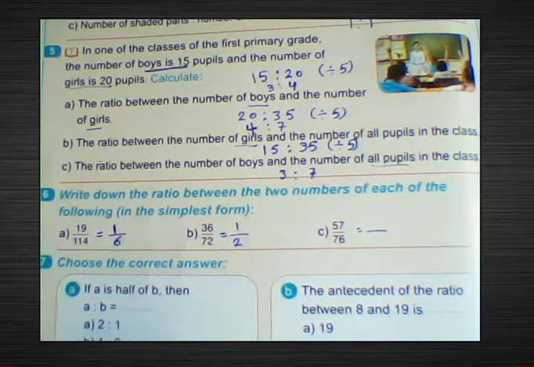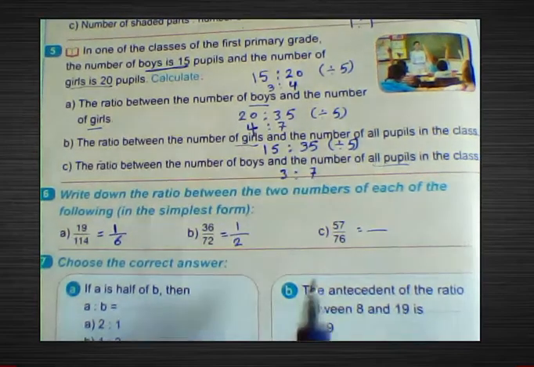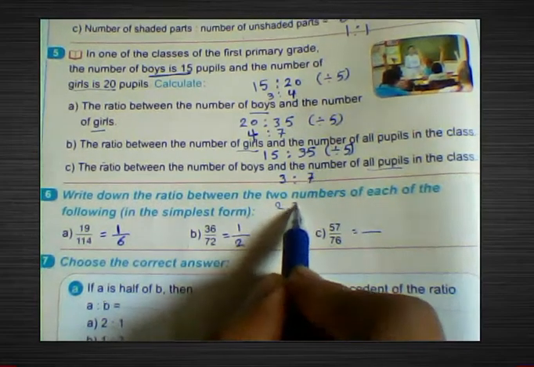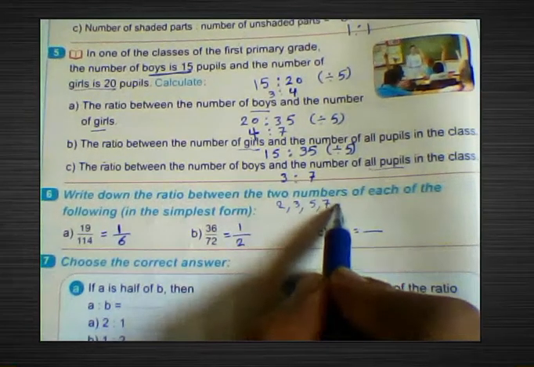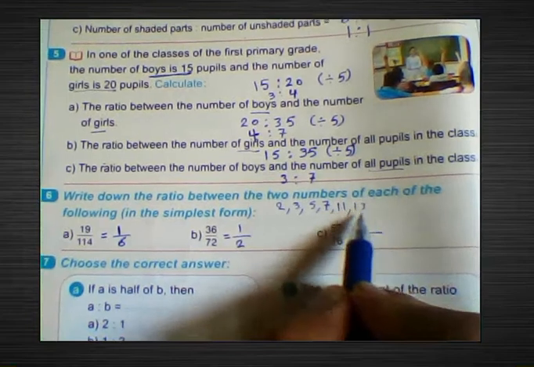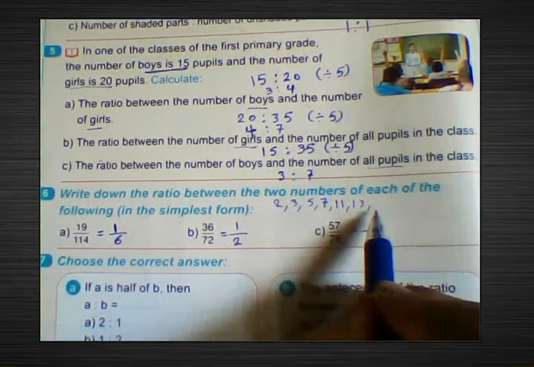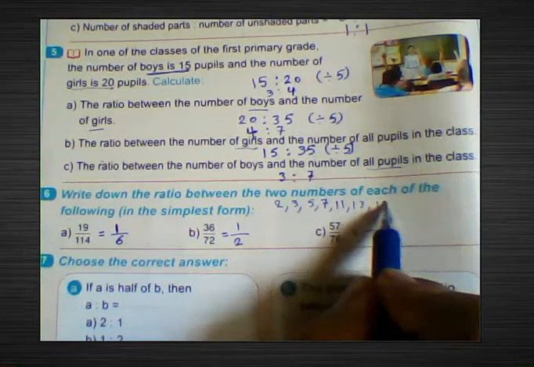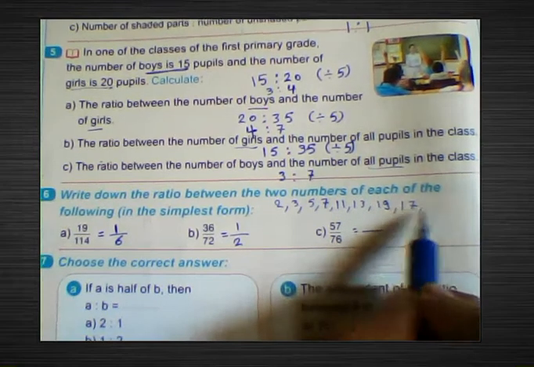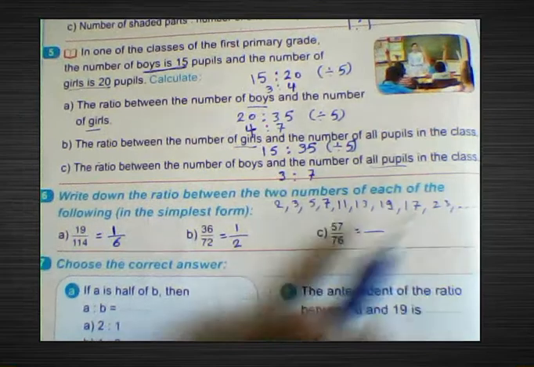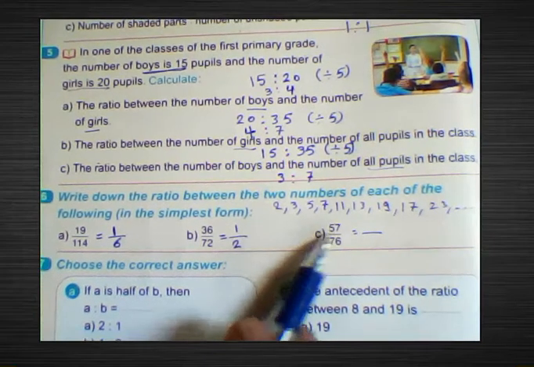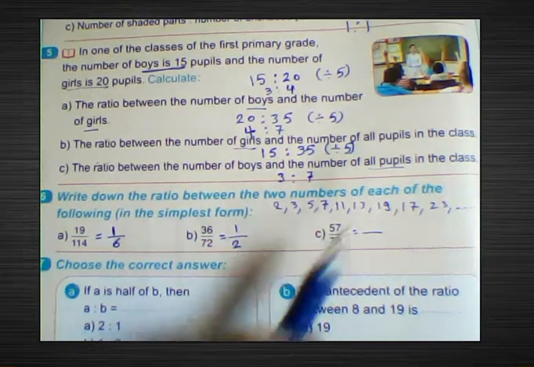Do you know prime factors? Remember with me: 2, 3, 5, 7, 11, 13, 17, 19, 23, and so on. Which number of these can 57 and 76 be divided by?